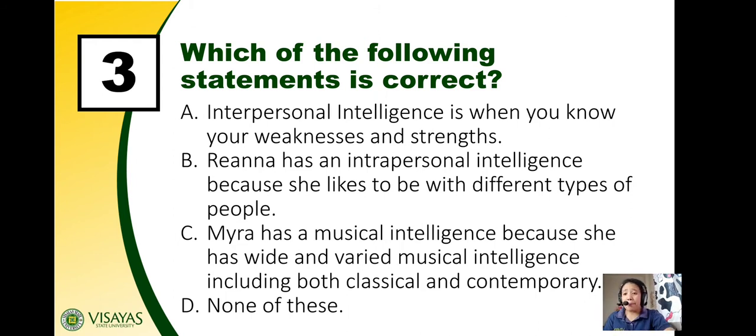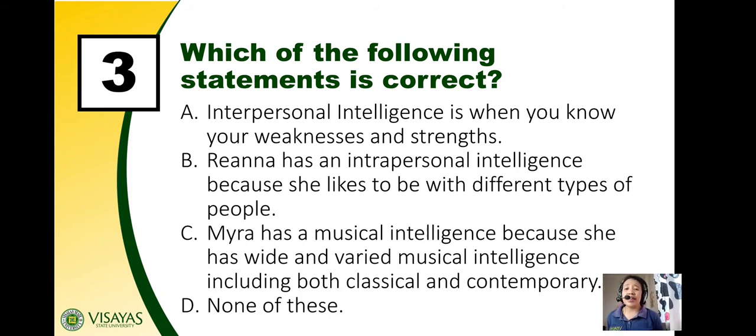C, Myra has musical intelligence because she has wide and varied knowledge about music, including both classical and contemporary. Letter D, none of this. Again, which of the following statements is correct?